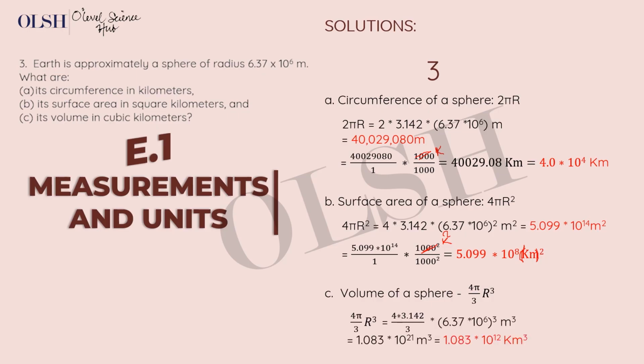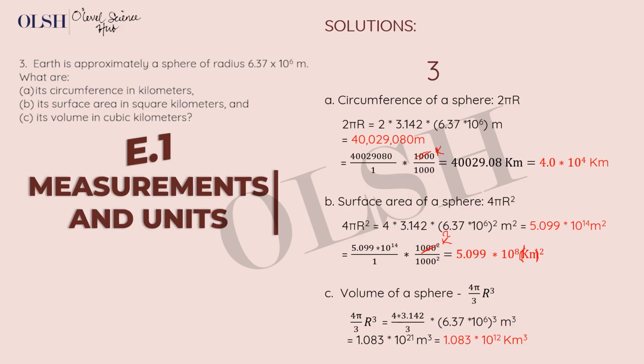So if we bring in the radius into the equation, we have 4 times 3.142 divided by 3 times the radius raised to the power of 3, and you can see that here the unit is meters cubed. Of course our radius is raised to the power of 3, so the unit for radius is also raised to the power of 3. And if we're bringing in the kilo into this expression, it has to also be to the power of 3.